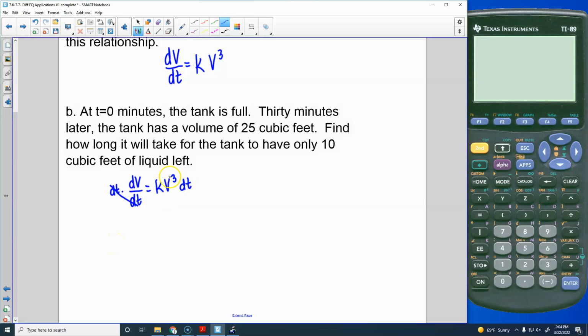And we need the V over here on this side, so we need to divide by that V cubed. So we'll have dV over V cubed equals k dt. And one of those V's can cancel out. It cannot, because dV is a separate variable, Thomas.